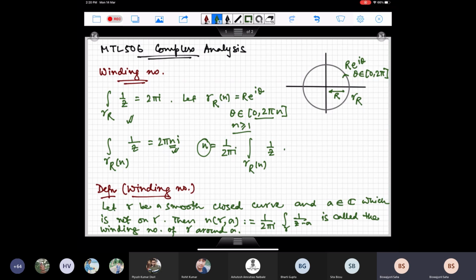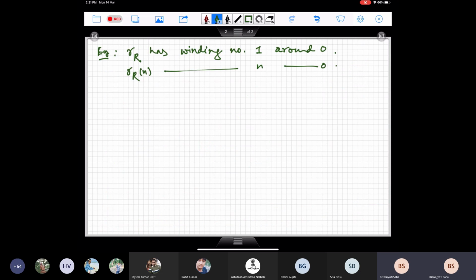The integral here gave me n, so that is the integral I am going to use to define the winding number of a smooth closed curve gamma, or a piecewise smooth closed curve also, around a point a. Fine? Is this clear to all of you? Okay, fine. So this is the definition of winding number.